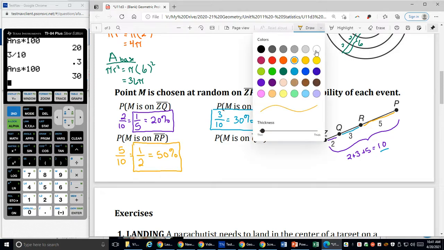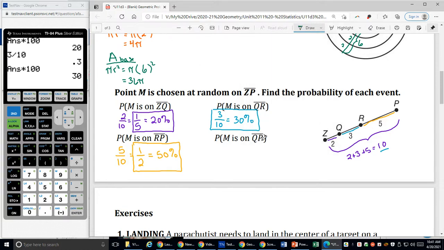And last but not least, the probability that M is on QP. So QP is going to be 3 plus 5, which is 8. So 8 out of 10, which is, they're both divisible by 2.